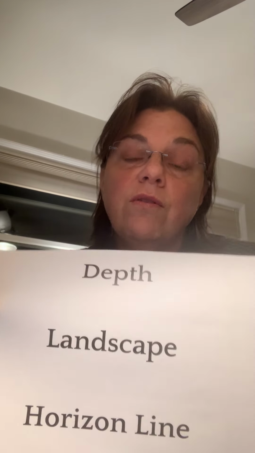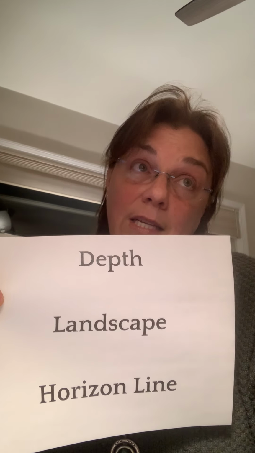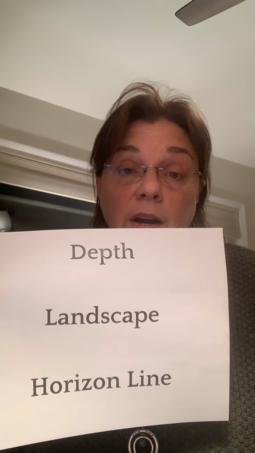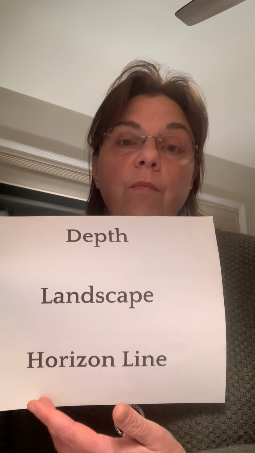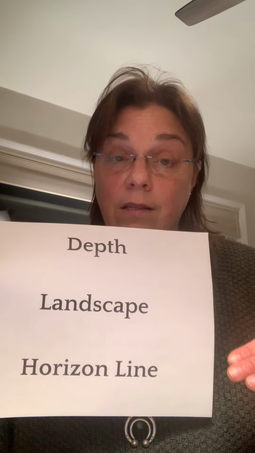And we usually associate those terms with landscapes, right, which is an image of the outdoors. It could be a cityscape, it could be an ocean scene, it could be forest, wherever. And we tend to think about that horizon line, that line where the sky meets the earth.